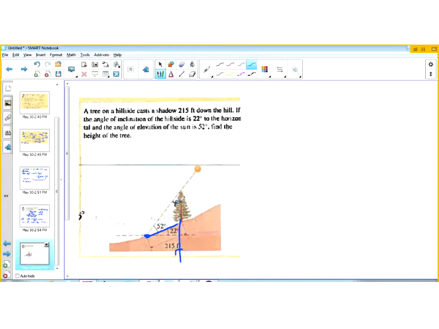Knowing that, we can find this angle right here. This is the angle subtended by the top of the tree and the sun's ray.